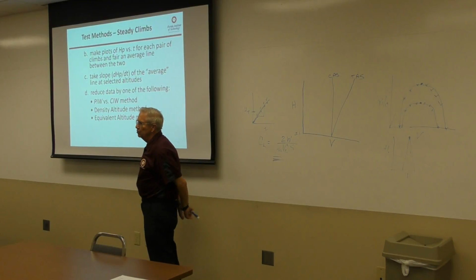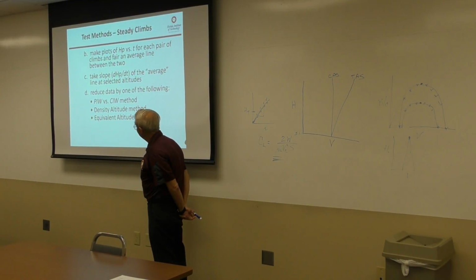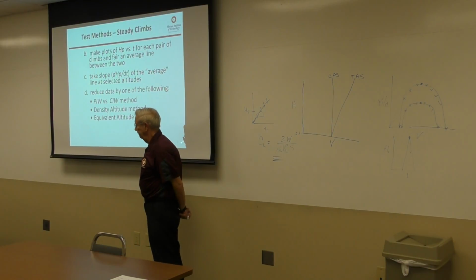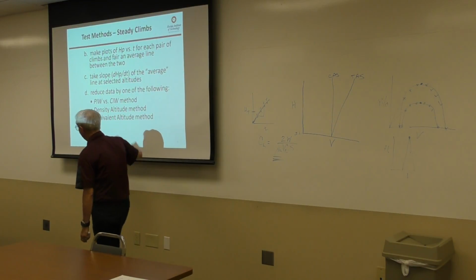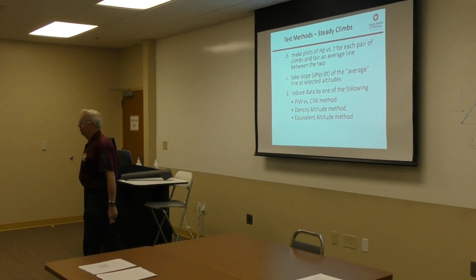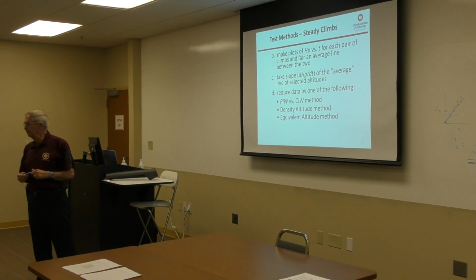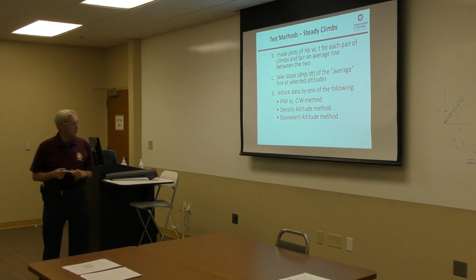And it takes into account the propeller efficiency and the engine power. These other methods make some assumptions, and I personally don't like making assumptions, okay, for this kind of data.